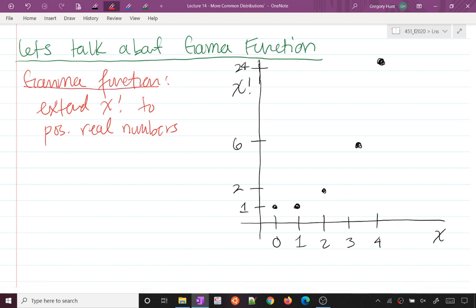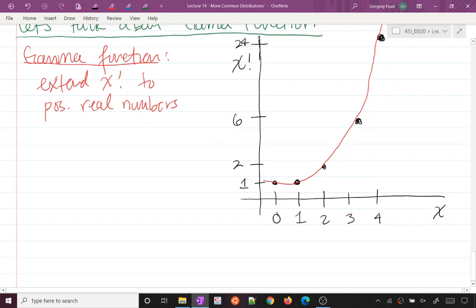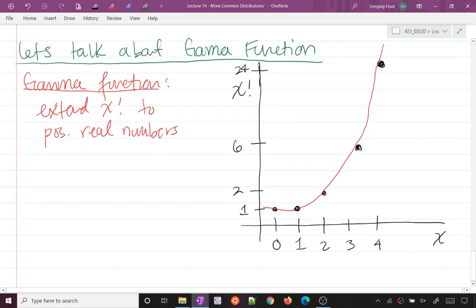It's going to pass through in some way the x factorial values, but it's going to have defined values in between. You could imagine interpolating these points, so you get some function that looks something like that. It's going to go through our x factorial values here.